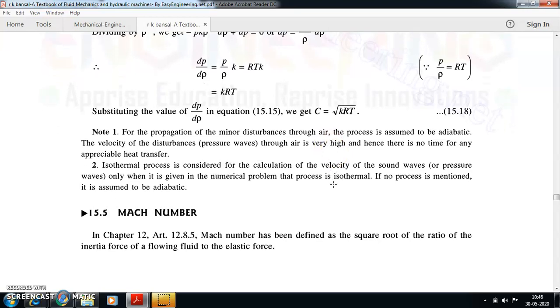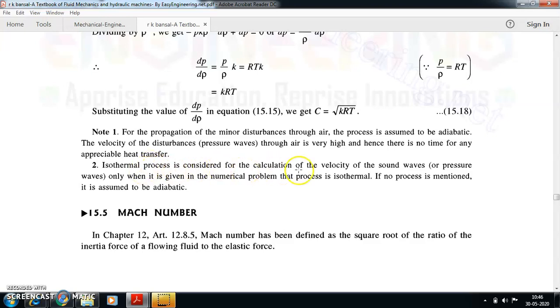The velocity of pressure waves or disturbances through air is very high, and hence there is no time for any appreciable heat transfer. Because the velocity is high, we can take it as an adiabatic process where there is no heat transfer.